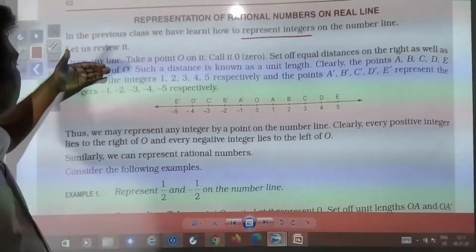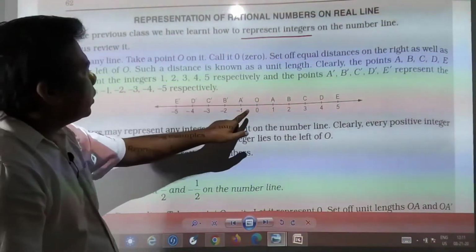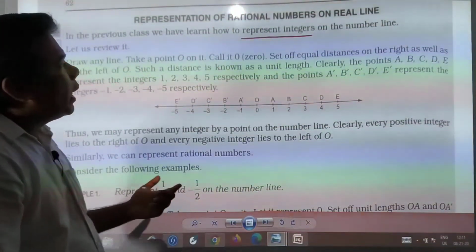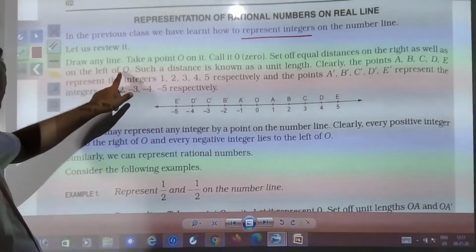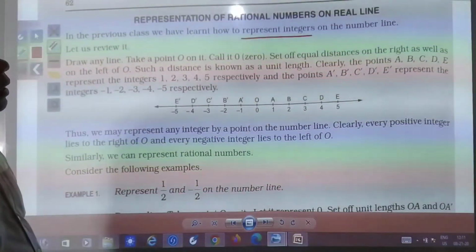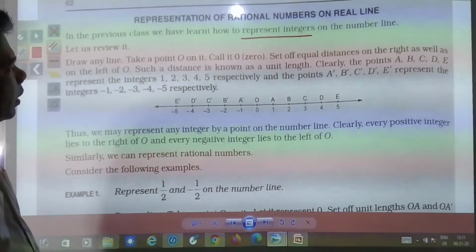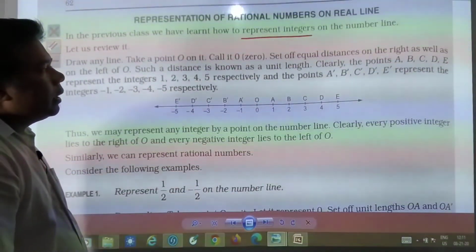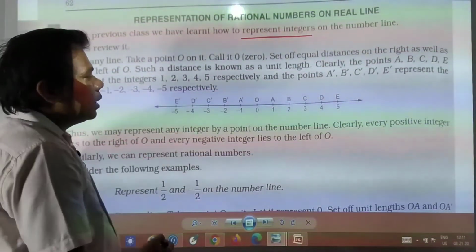Take a point O on it, call it 0, and set up equal distances on the right as well as on the left side of O. Such a distance is known as unit length. Clearly the points A, B, C, D, E represent the integers 1, 2, 3, 4, 5 respectively, and the points A dash, B dash, C dash, D dash, E dash represent the integers -1, -2, -3, -4, -5 respectively.